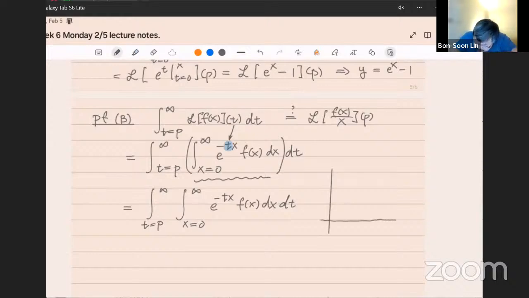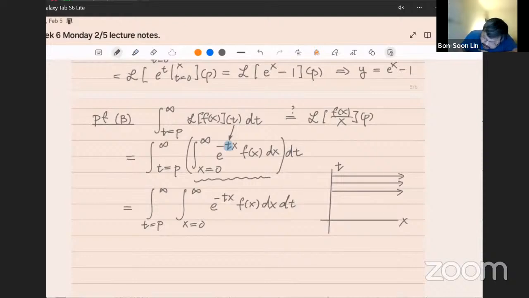The region, say this axis is t, the horizontal is x. Let's see what we want. What this is saying is for each value of t, we want to integrate all the x's. x goes from 0 to infinity, with no restriction whatsoever. It's going this direction. Okay. And for which t do we start?